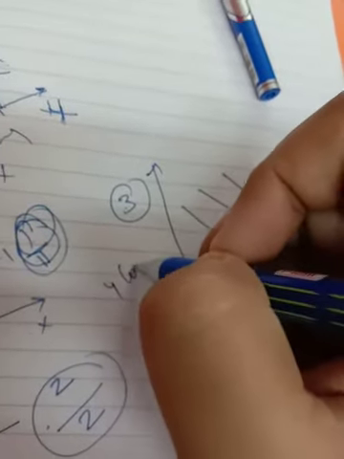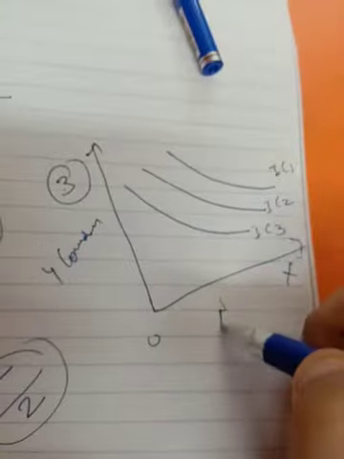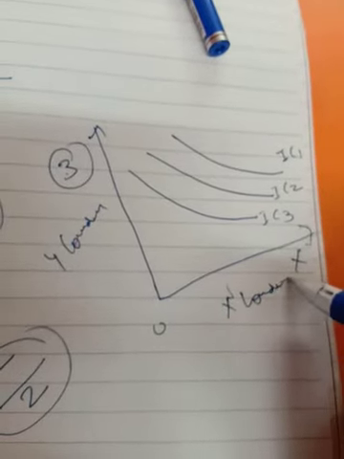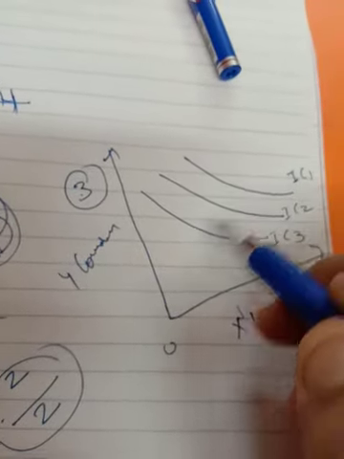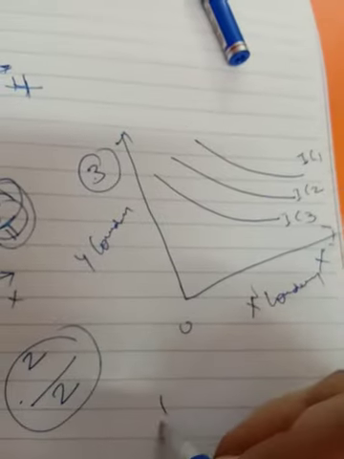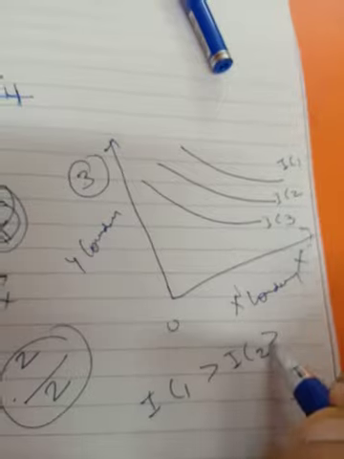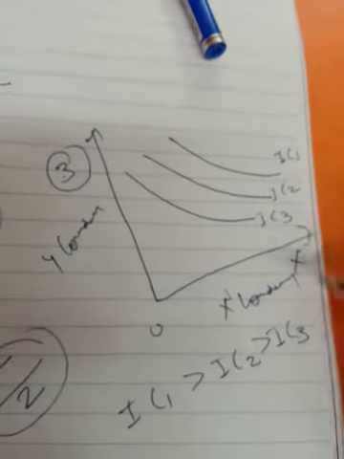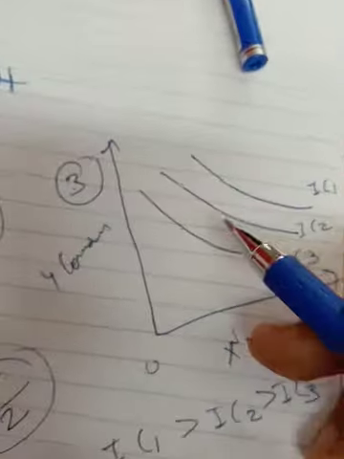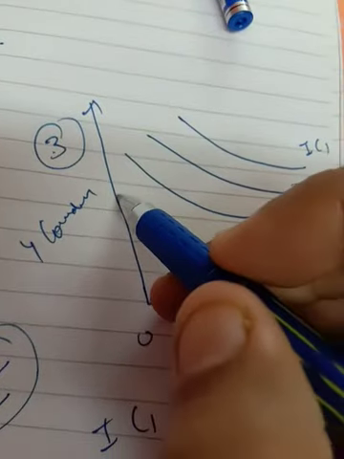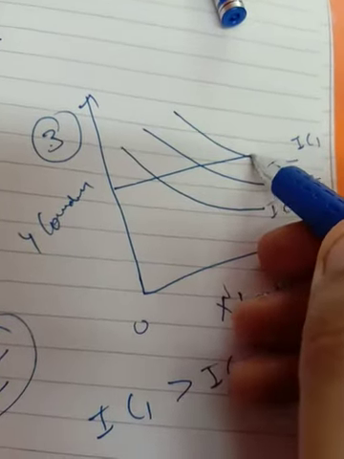Y commodity, X commodity. So which one is the higher indifference curve? IC1. IC1 is the higher indifference curve, which has more satisfaction than IC2, and IC2 has more satisfaction than IC3. Why does the higher indifference curve have more satisfaction? Because of the monotonic preference.